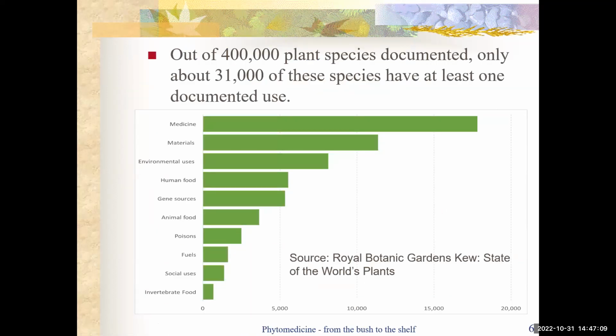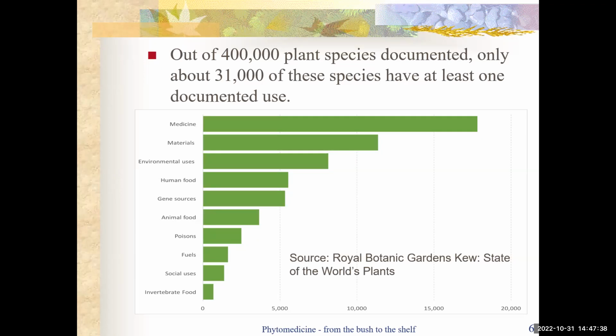So this is a quick documentation. Just looking at plants, I may be biased more towards plants. So at least 400,000 plants have been documented. But when we look at the number of plants that have been studied in terms of the chemical composition, you can see it's just a bare minimum.